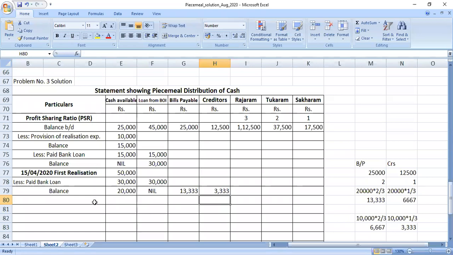Yes, I hope you understood these things. So we will write here: less paid to bills payable and creditors amount 20,000, 13,333, and creditors value 6,667.